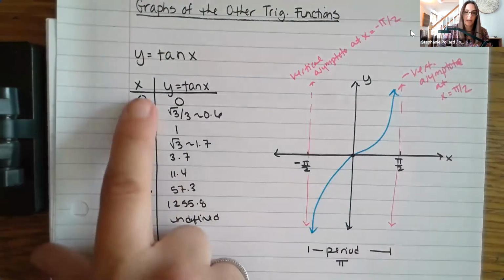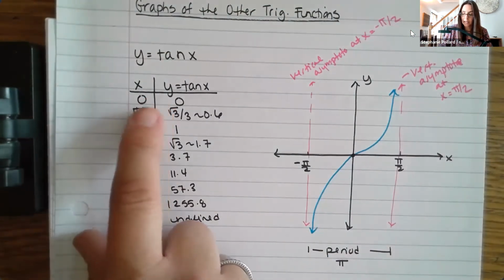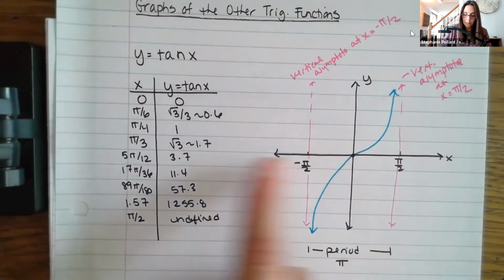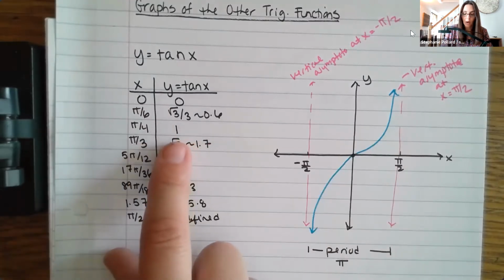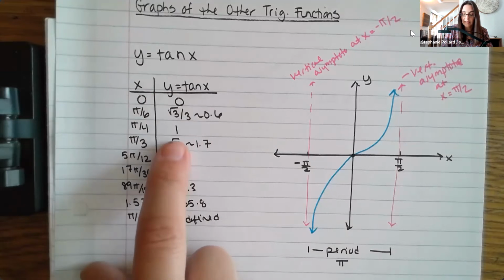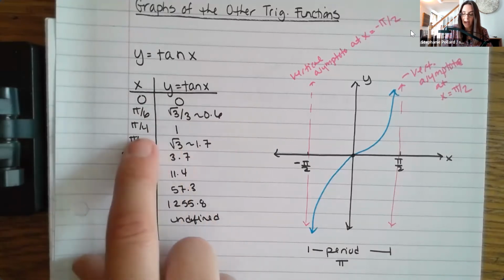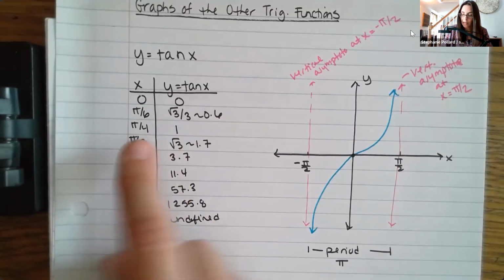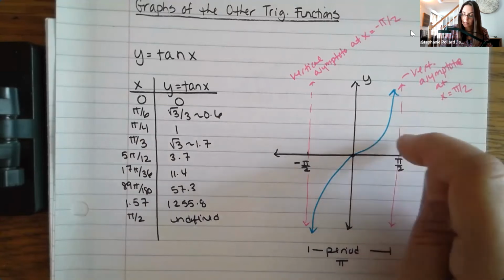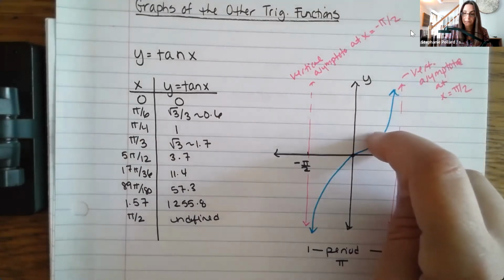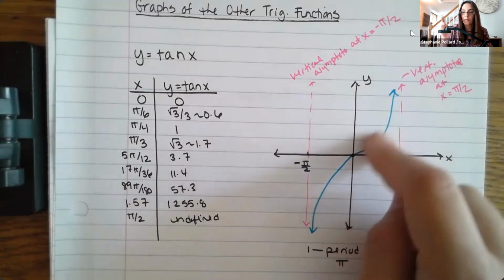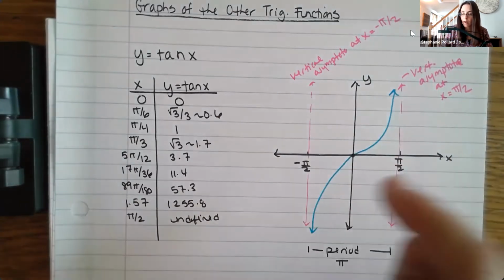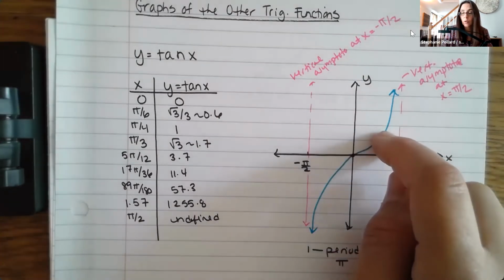So what you can see here from my list is I just did from 0 to pi over 2. And what you see here is we're looking at that value 1, and tangent x is equal to 1 at pi over 4. So that is about, let's see, maybe right here. Now, that would be the only value in this first initial period where it is actually equal to 1.